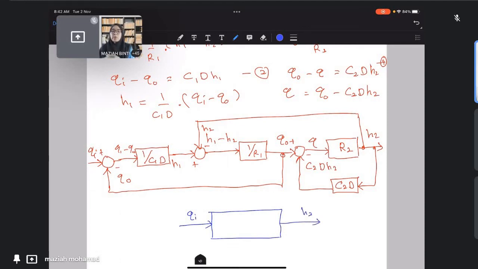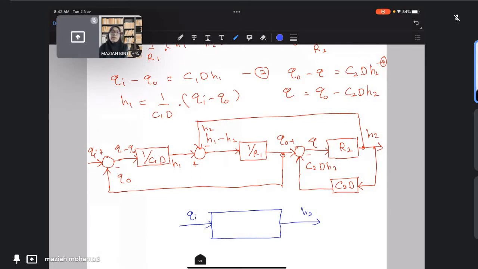So you need to simplify the block diagram. This block diagram is quite complex, right? So we need to simplify it such that it becomes only one block that relates Qi and H2. That will be the objective for the second part of this chapter.